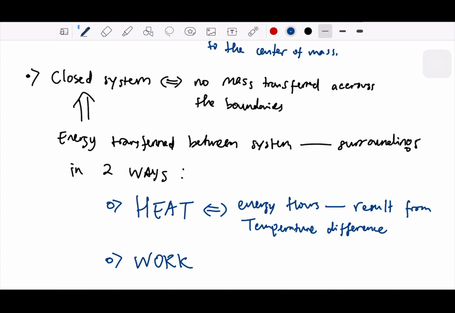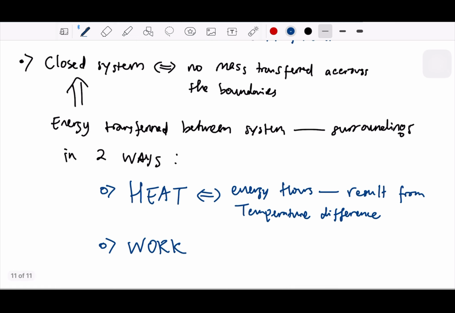So for example, if you have two temperatures, high and low, the energy will flow from highest to lowest, okay? From high to low. So we can have the flow of energy.